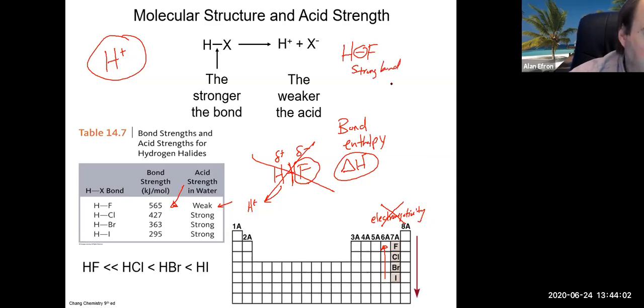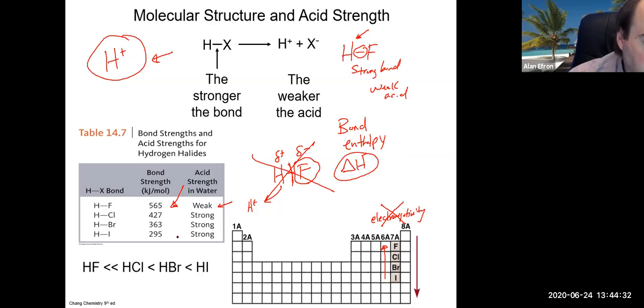And what that means is HF is going to be a weak acid. You may say that's opposite of what it sounds like, but it has to do with releasing that H plus. If the HF bond takes the most energy to break, it's going to be harder to remove that H plus, and the H plus is going to hang on a lot longer and thus not produce free H plus, and it would be a weaker acid.